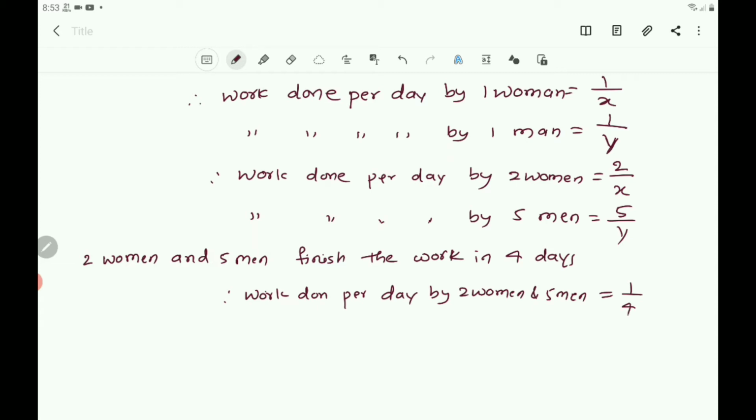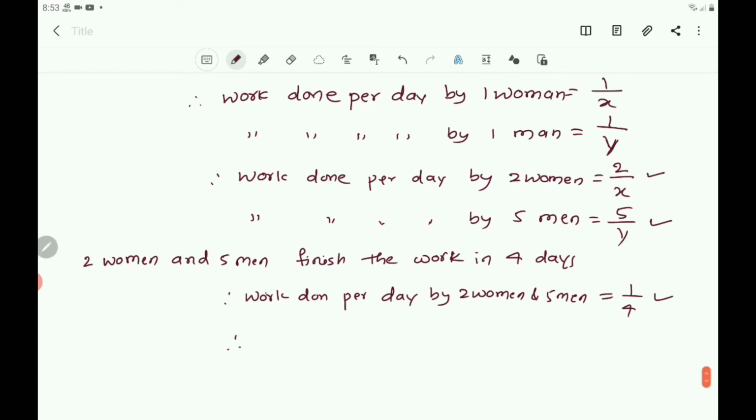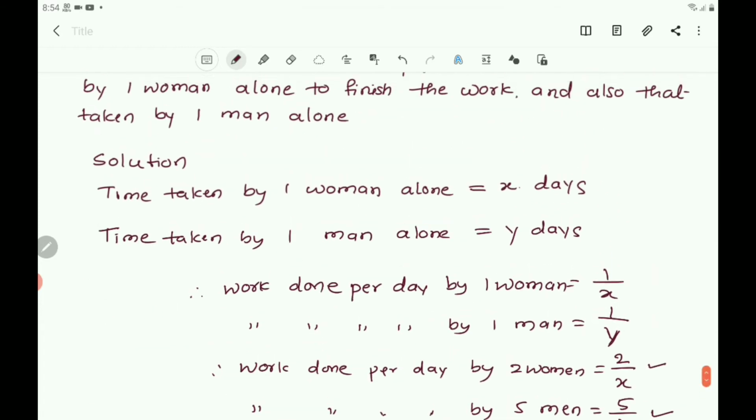So this plus this becomes equals to 1 by 4. That is 2 by x plus 5 by y becomes equals to 1 by 4. That is the work done per day by 2 women plus work done per day by 5 men equals work done per day by 2 women and 5 men together. So you can have the relation 2 by x plus 5 by y is equals to 1 by 4. This is the first relation what you got.